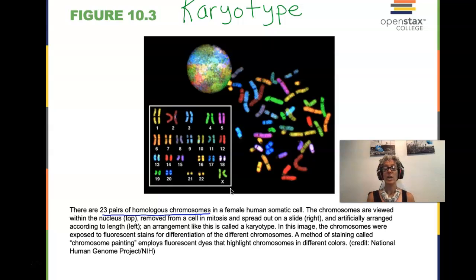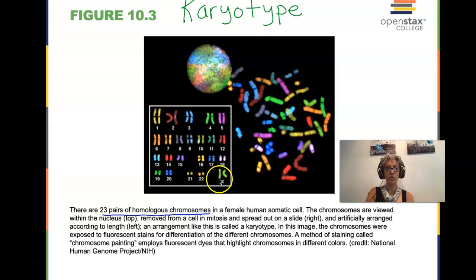They carry information for the same traits in the same position all the way down along that chromosome. And here, to aid with visualization, they are stained with different fluorescent colors. There obviously are not fluorescent colors in our cells. The 23 pairs, each pair has unique information on it.